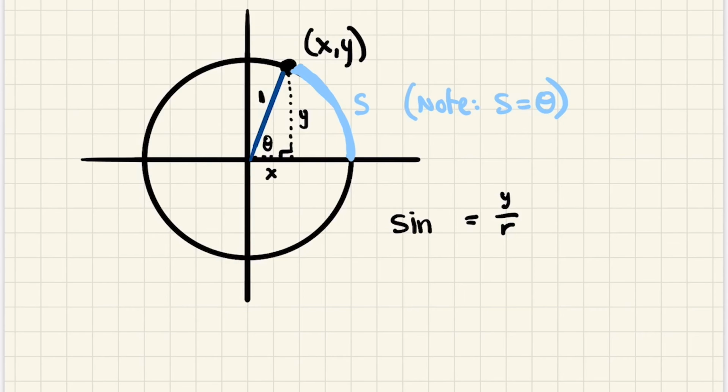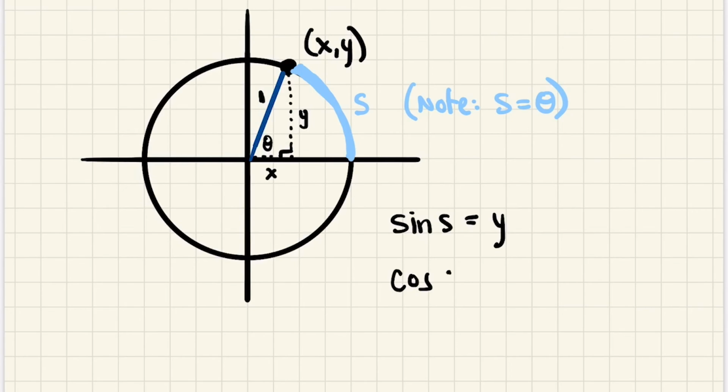Call it sine of s, since s is equal to theta. Also, because this is a unit circle, we know r is equal to 1, which means we can just say sine of s is equal to y over 1 instead of y over r. But that's just y. So sine of s is simply equal to the length y.